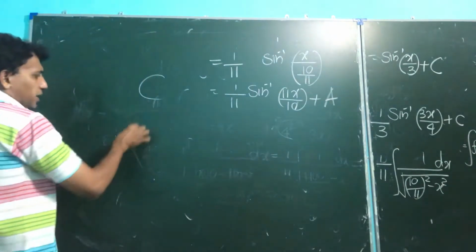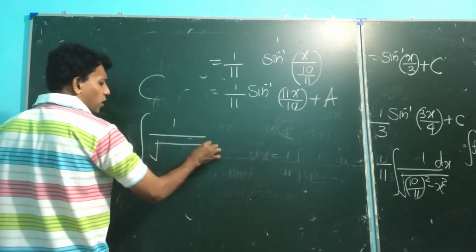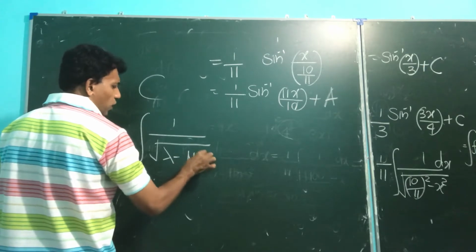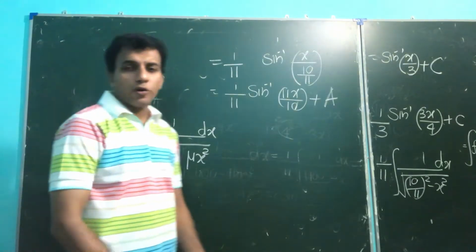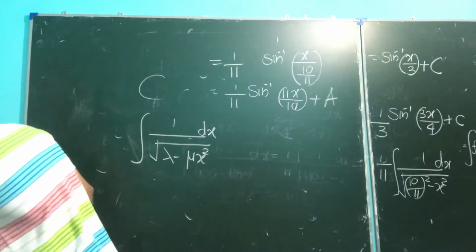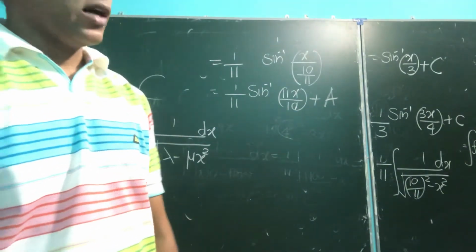See another example, integral 1 over square root of lambda minus mu x square dx. See that? 1 over square root of lambda minus mu x square, everything inside the root. Find the answer.